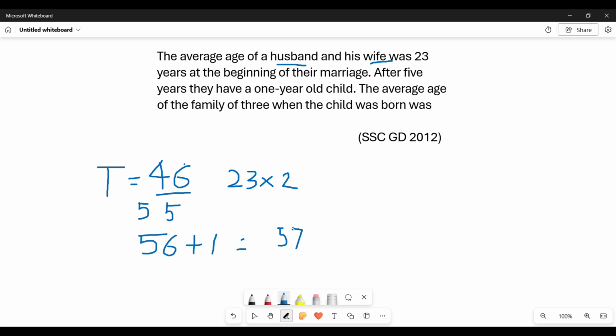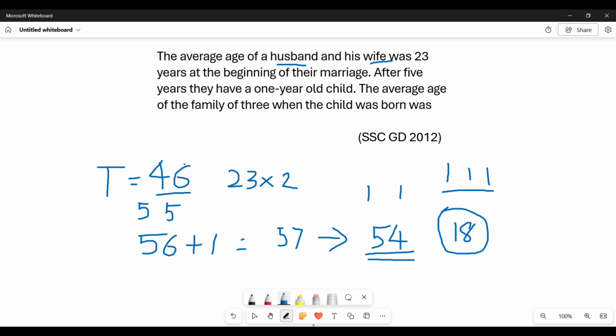So 1 year will be reduced from the husband and 1 year will be reduced from the wife's age. So this 57 will become 54, right? So now the average of three people, husband, wife, and child, this is very important. So now the average of 54, you have three people, so it's 18.